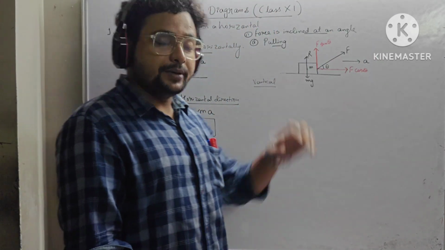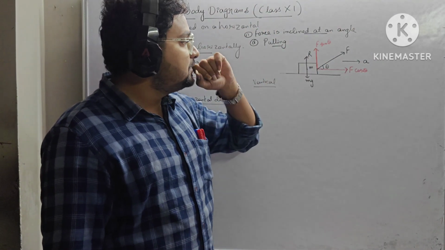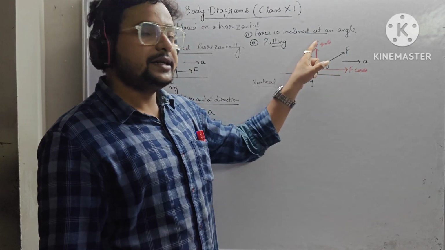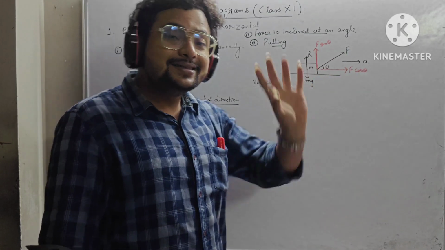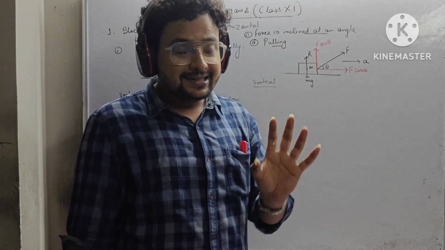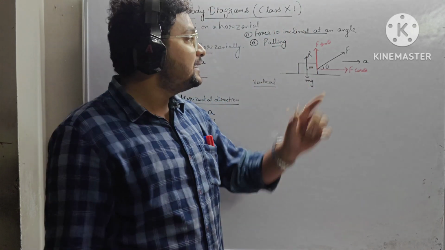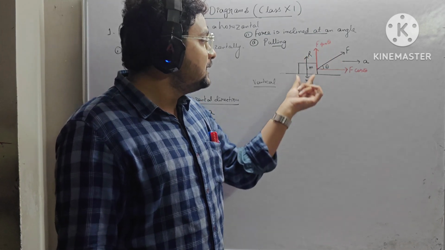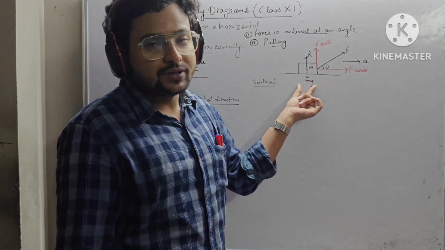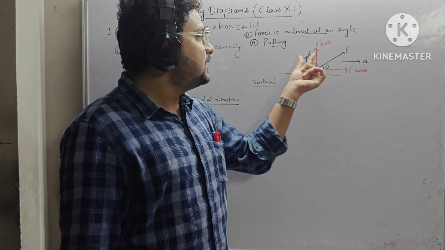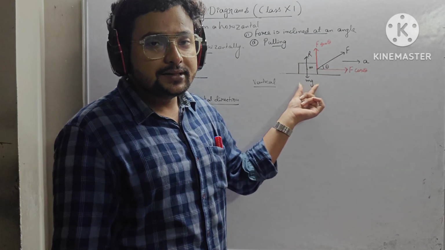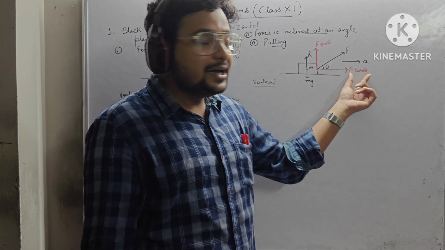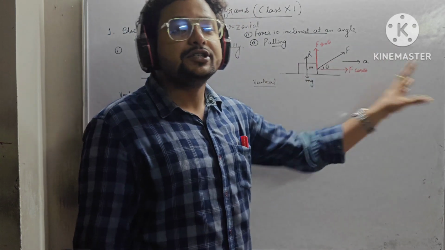Since there is no vertical motion, we can say that F sin theta and R, these two forces together, are balancing the weight mg of the block. And this component F cos theta is producing an acceleration on that side.